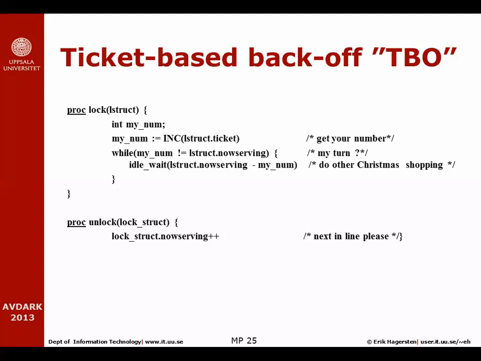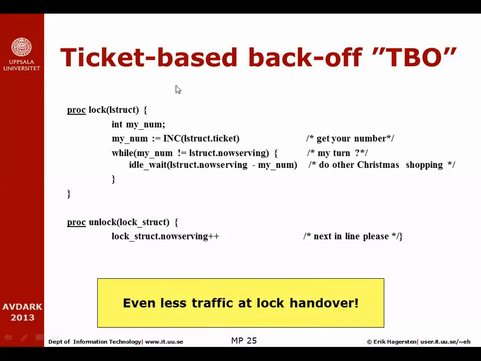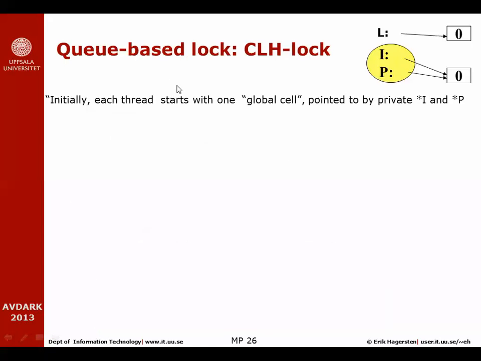We don't want 1,000 threads to get good news or to even just see that the number changed. We only want the ones that stand a chance of getting in to see the number change. So that's what's called a back-off strategy. In this case, it's the ticket back-off strategy. Even less traffic at lock handover. That's what we're aiming for.